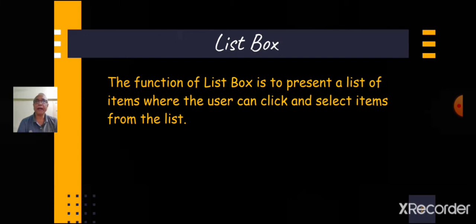If the number of items exceeds the number that can be displayed, a scroll bar is automatically added. The items in the list box can be identified by the ListIndex property. The value of the ListIndex for the first item is 0. The second item has a ListIndex 1 and so on.